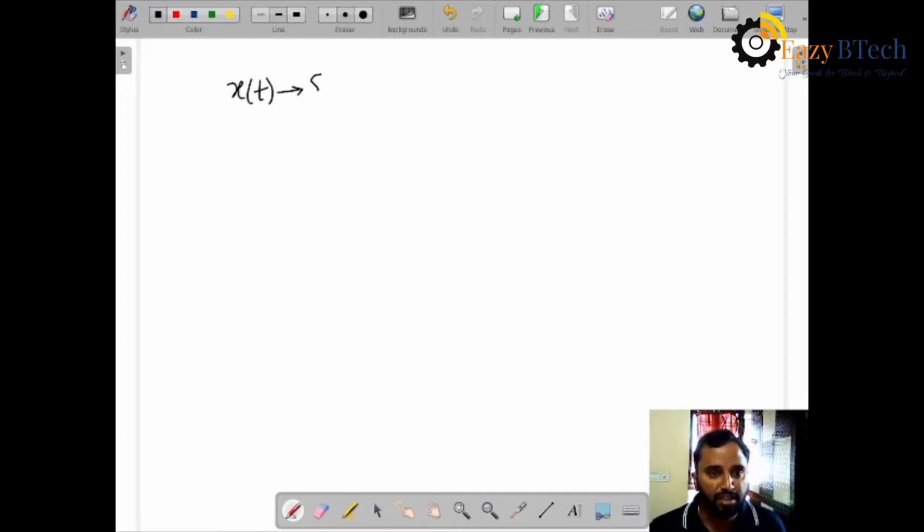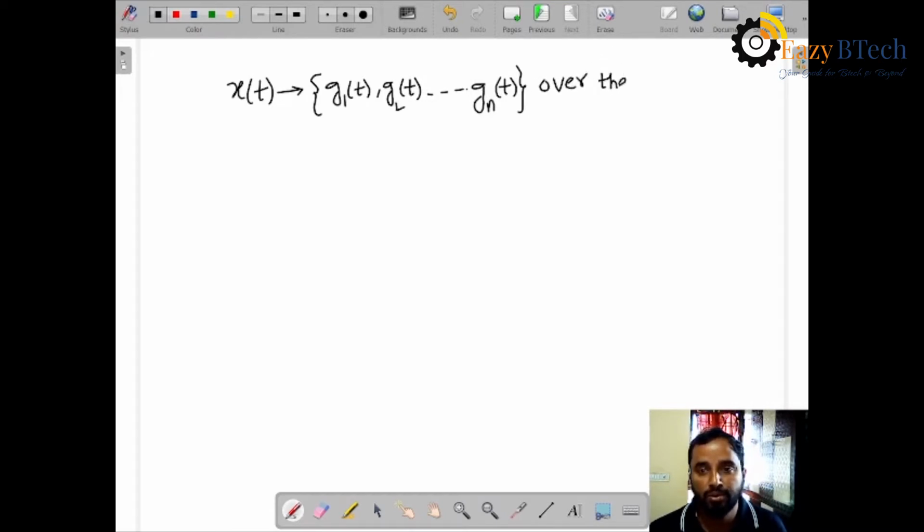This function x of t is represented using small n number of mutually orthogonal functions, like g1 of t, g2 of t, and so on, gn of t, over the time interval t1 to t2.